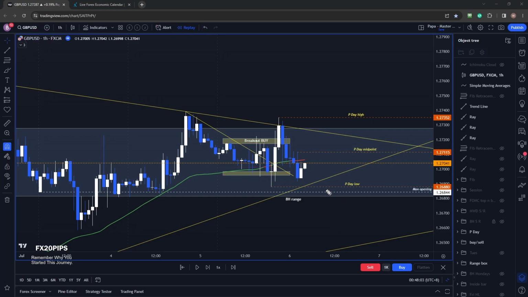The first thing you need to note is the time. I can't remember what time I drew this, but it has to be sometime before this candle. I try to draw the breakout buy, breakout sell during Asia session. That's how I have it. So how do you deal with this now?